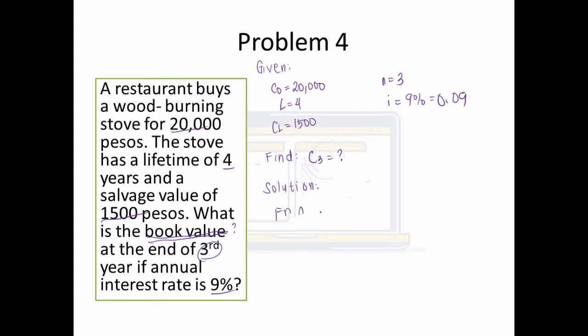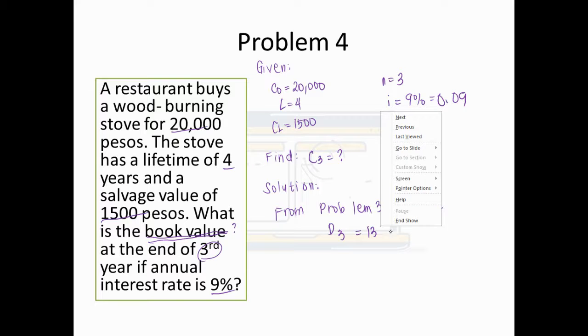So, in order to do that, we can refer to our earlier problem, si problem 3 natin. From problem 3, we have solved the accumulated depreciation at the end of third year. The value of D sub 3 is 13,261 pesos and 13 centavos. Once again, that's from problem number 3.